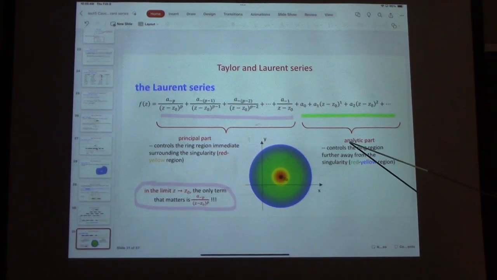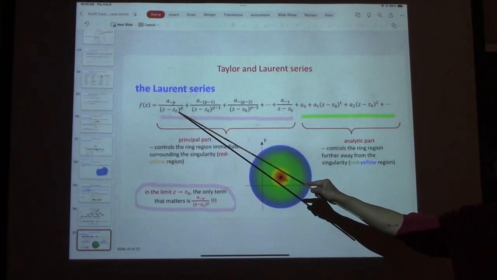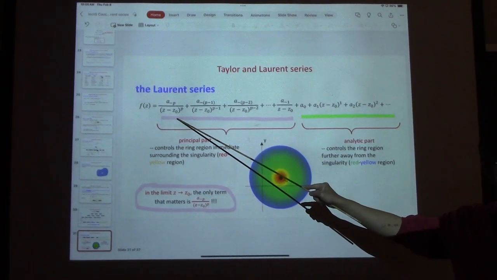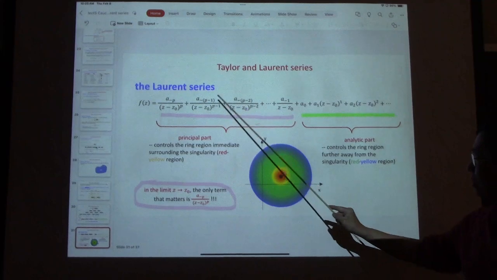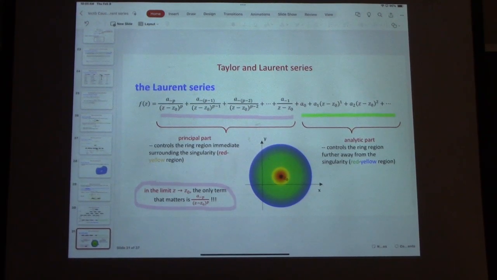So we call this the analytic part, right? What about this? Of course, it's not analytic when z goes to z0. That's a singular point. But every single term, you can see here, quantifies a pole of certain order.